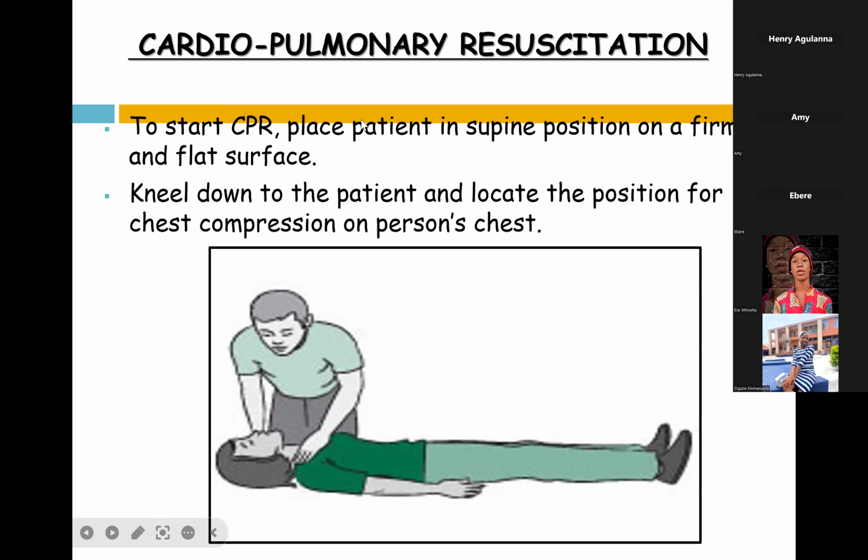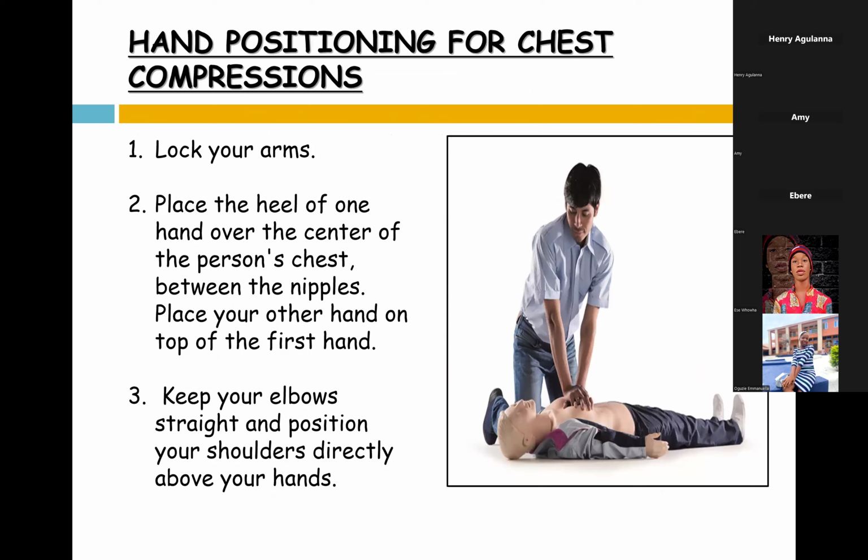So if you have laid this patient flat, you can now kneel down beside this patient, assuming the patient is lying on the floor. That is exactly what you're going to do. You make sure the patient is lying flat, kneel beside this patient, locate the position for the chest compression. We are going to see the position.